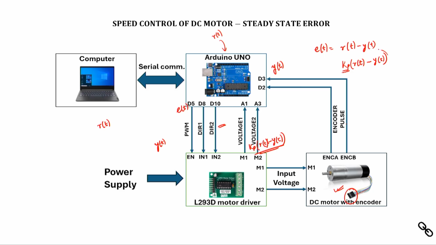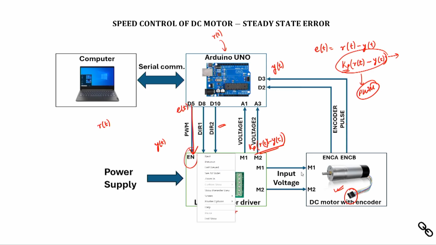Now based on whatever value that comes out, we will convert that into a PWM signal, okay, and that PWM signal goes through the driver through the enable pin, and then finally that leads to the change in input voltage for the DC motor. If your PWM is 255, you get the full voltage, 255 or 1024 in this case, depending on the resolution of your ADC.